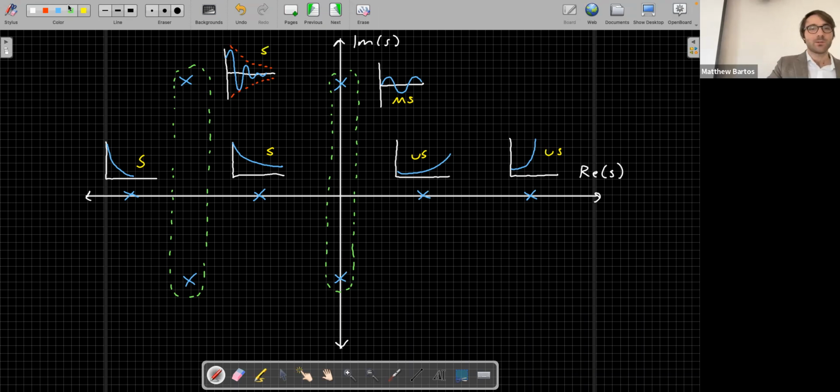All right, very good. Now, what if we have a pair of conjugate poles on the positive side of the real axis? What will that response look like? And don't all shout at once here. What does it look like when we have a pair of conjugate poles? What does the impulse response look like?